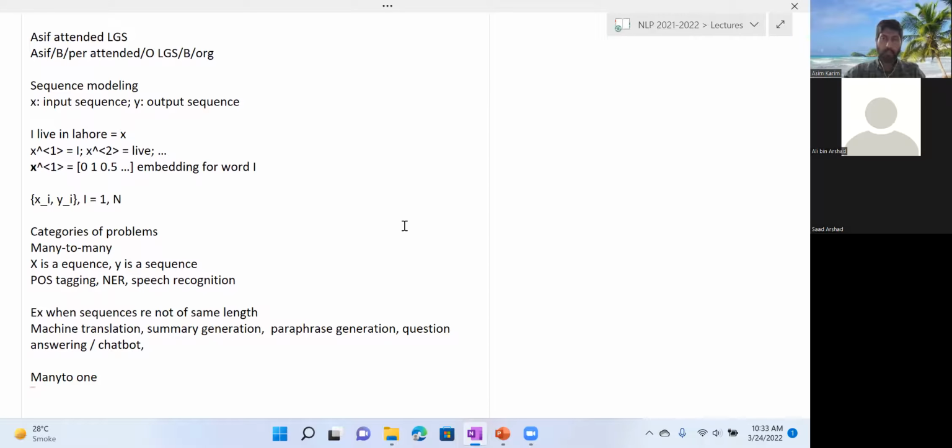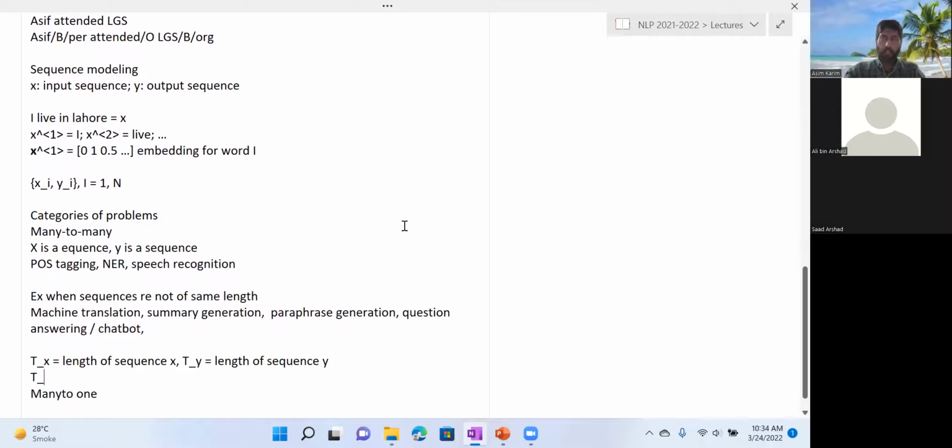By the way, let me introduce the notation. Since the number of words in X may be different from the number of words in Y, we use the notation T underscore X. So this is the length of sequence X, and T underscore Y is the length of sequence Y. And of course, T underscore X can be equal to T underscore Y for, let's say, POS tagging, NER, and so on.